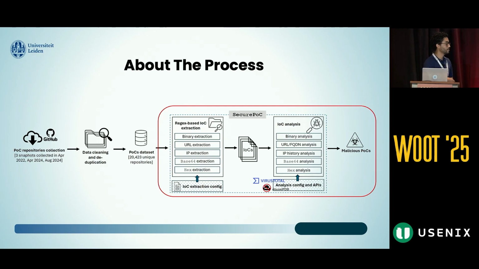And why do we talk about IPs and URLs? If there is a PoC, we assume by default there shouldn't be a PoC that is already communicating with an IP address. If you are trying to exploit BlueKeep or Log4j, you need to provide the IP. It shouldn't be hard-coded. That, of course, leads to some false positives that we will also share with you later.